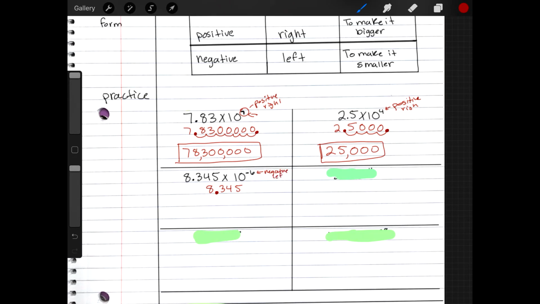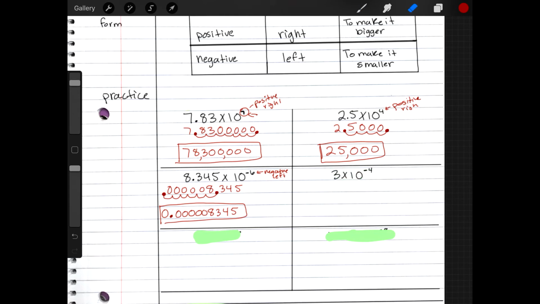So I'm going to the left. To the left, I'm going to go 6 spaces. 1, 2, 3, 4, 5, 6. And that's my new decimal place. So I got 0 point, and then how many? 1, 2, 3, 4, 5. 5 zeros. And then I can continue on with the rest of the numbers. Okay, and that's the standard form for that scientific notation.